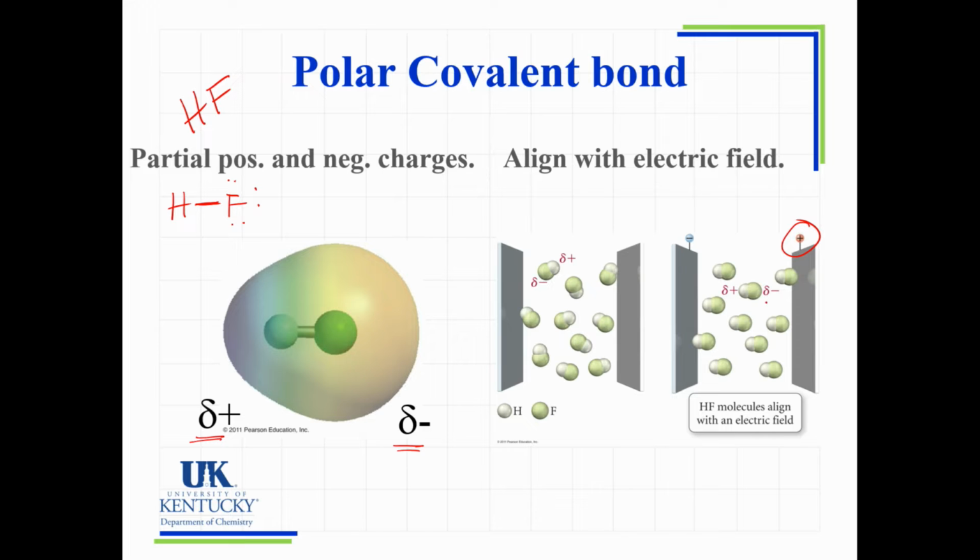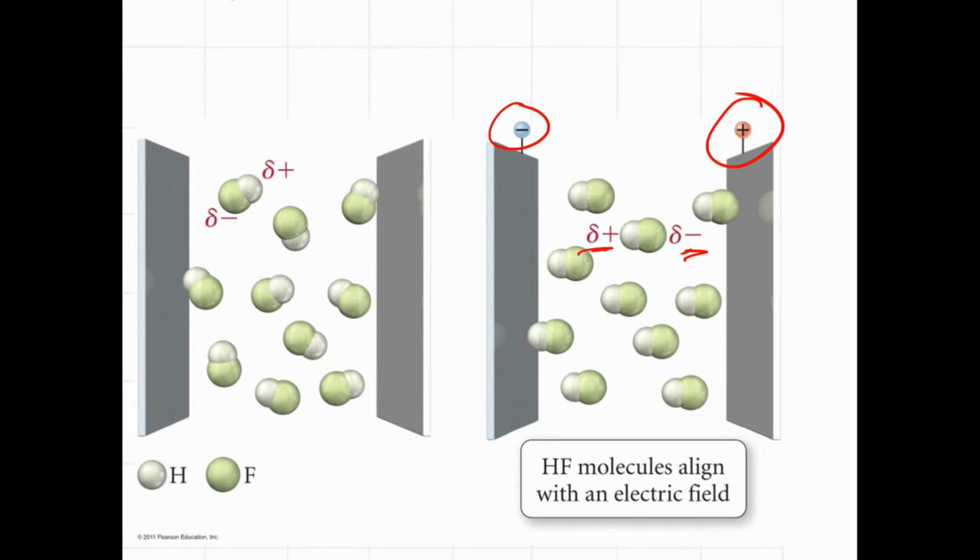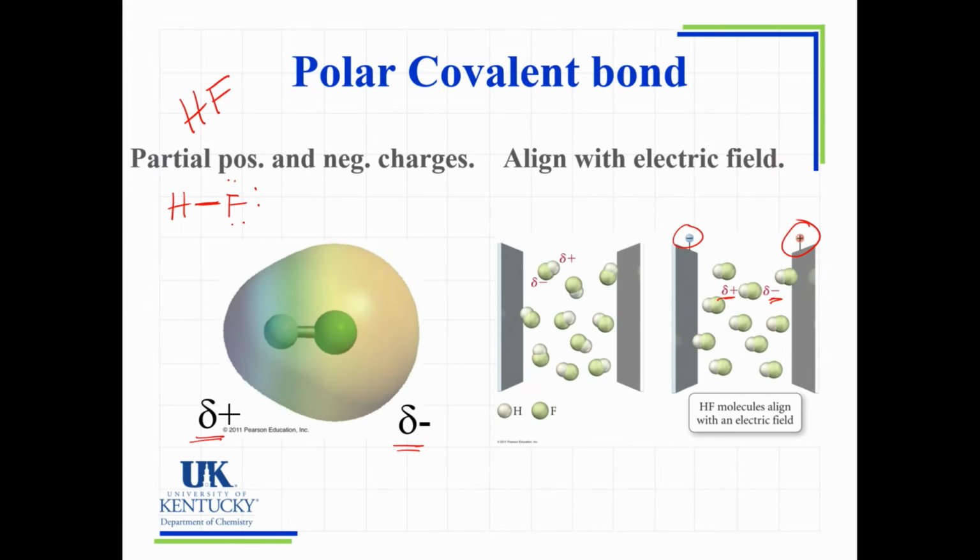The negative end aligns with the positive plate, and the positive ends align with the negative plate. So this is a property these molecules have. If it were equal sharing, we would not see this happen. We know that it does happen, so we know that the sharing is unequal.